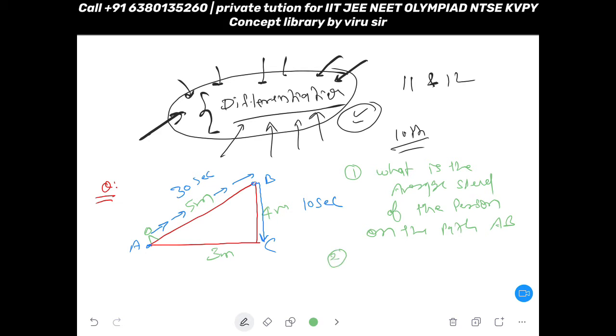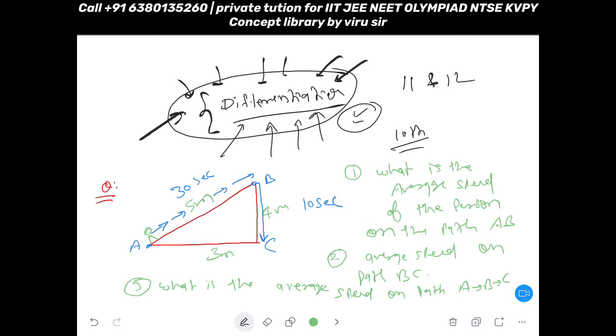Then the second question, same: what is the average speed on path BC? Then again, the third question: what is the average speed on path A to B to C?